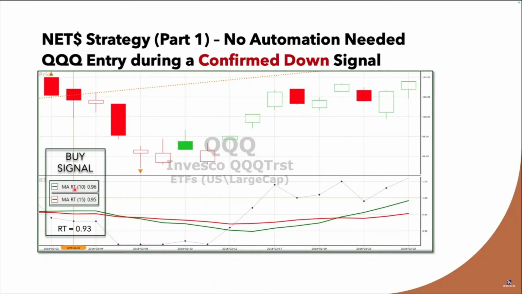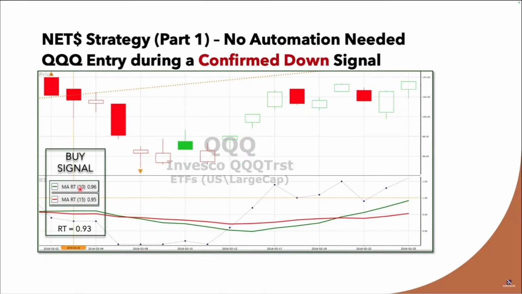So just look for these numbers. If you see that the day before it was 0.96 and 0.96, that's great. What happened was the 15-day actually slipped, so it was going down. I haven't gone through all the testing of why that is or how that might change. I just keep it simple.